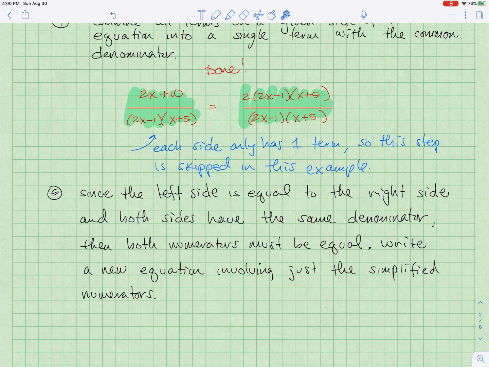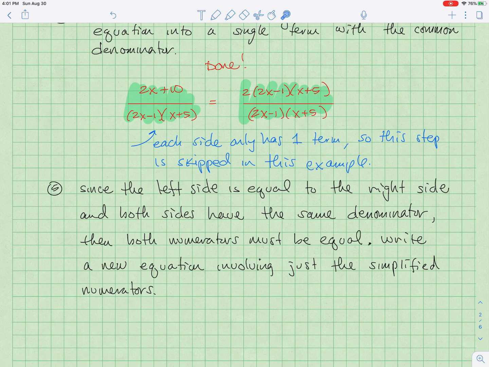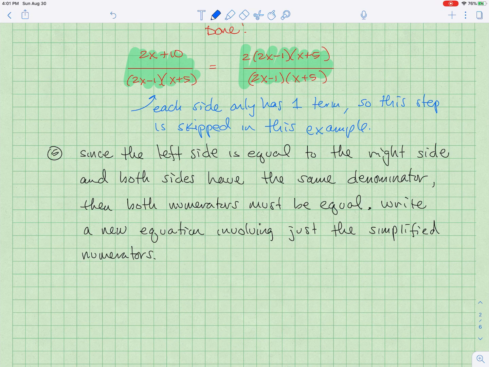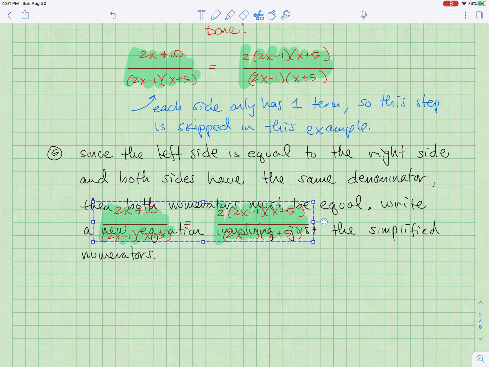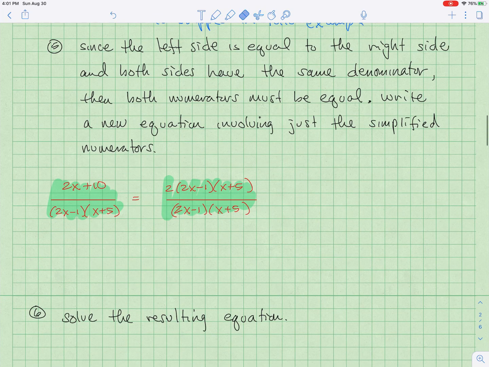Now, step number 5. Since the left side is equal to the right side, and both sides have the same denominator, 2x minus 1 times x plus 5, then both numerators must be equal. Write a new equation involving just the simplified numerators. So if that's the case, we have these two expressions, they're equal to one another, and they have the same denominators.